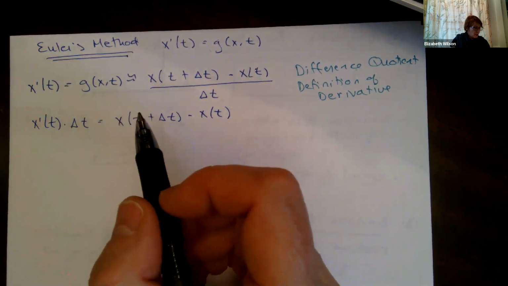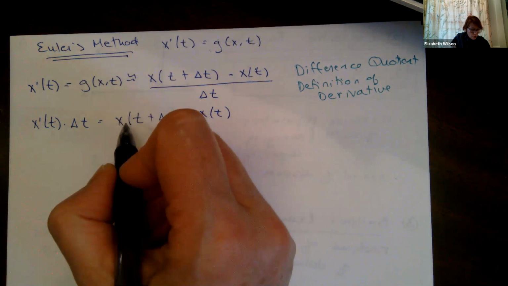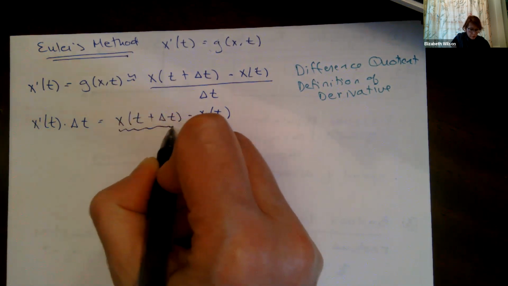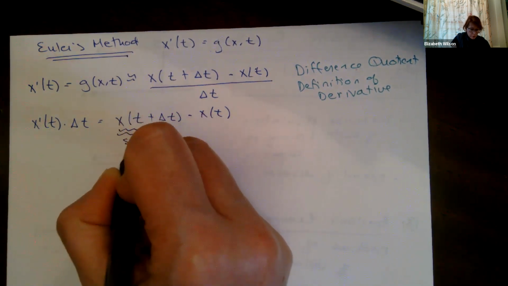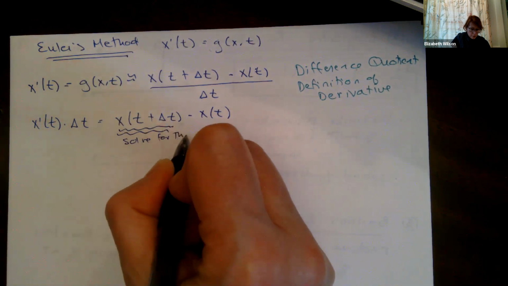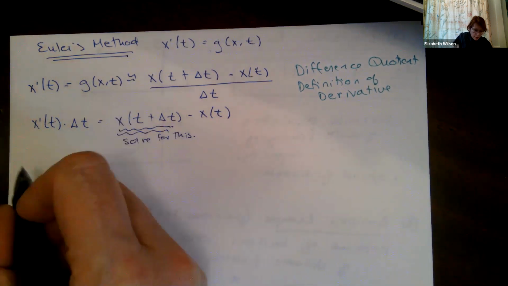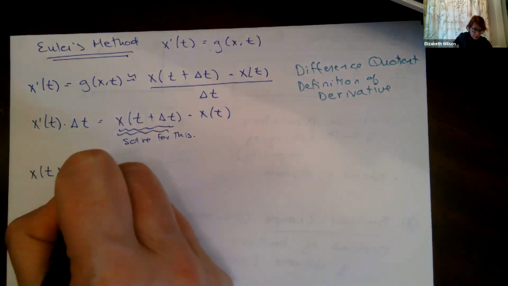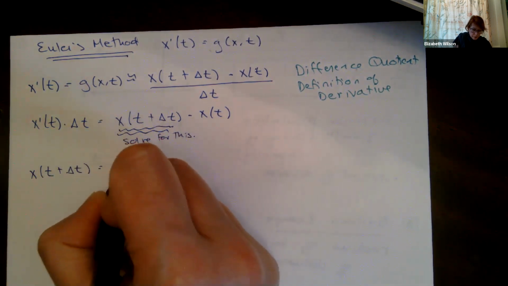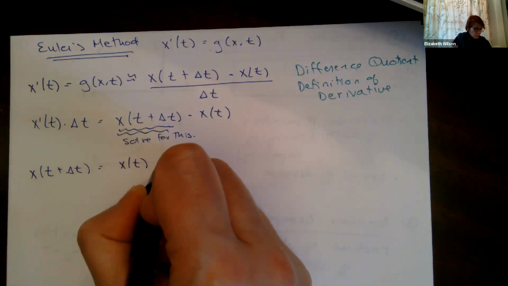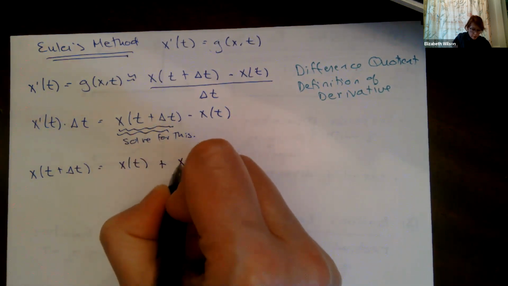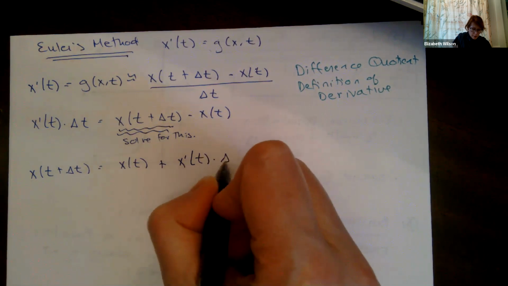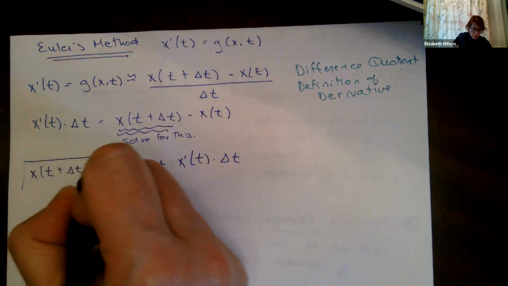Now I'm going to solve for this. Let's rewrite it: x of t plus delta t equals x of t plus x prime of t times delta t.